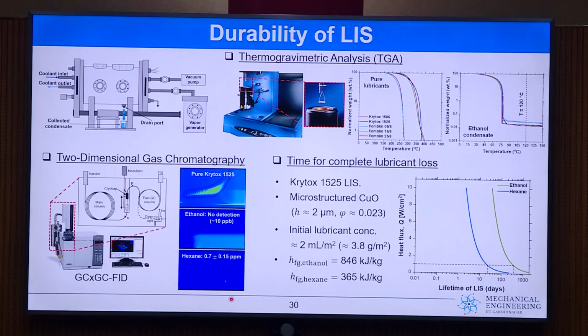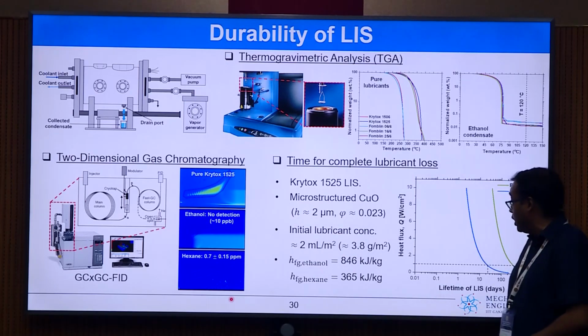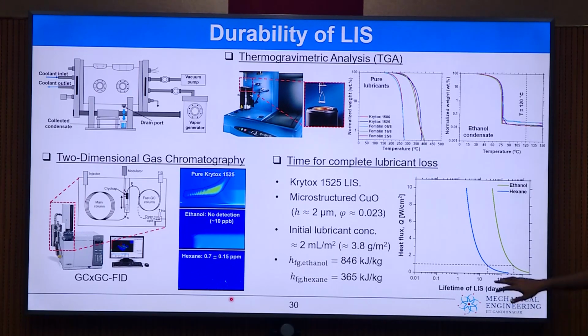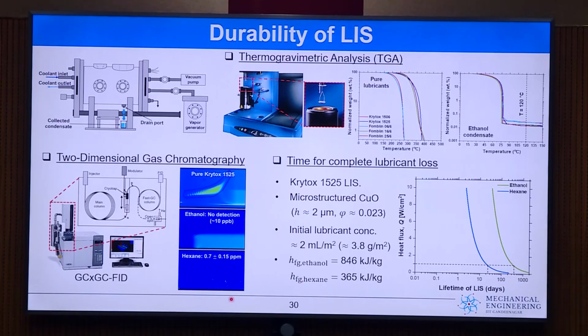Based on what we are quantifying through a GC, we then predicted the lifetime of these LISs for different heat fluxes. And what we find is these are sufficiently robust.